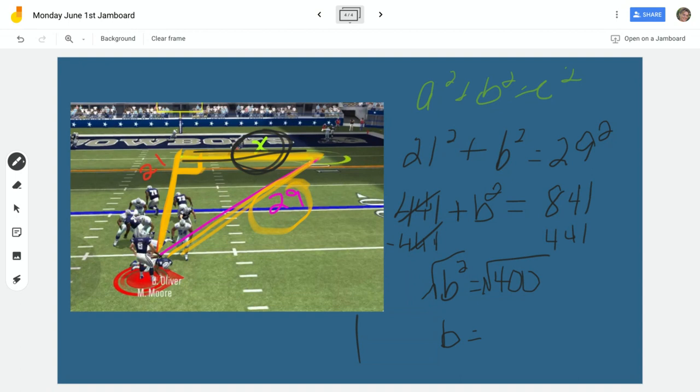And when I take the square root of 400, we just did that in the first problem with my house. We knew that 20 times 20 was 400. So therefore, the square root of 400 will be 20. So in this case, this would be a 20-yard run, essentially, for him to make that pass there.